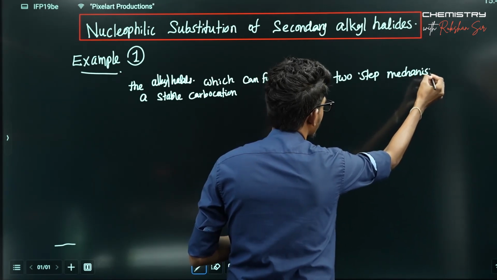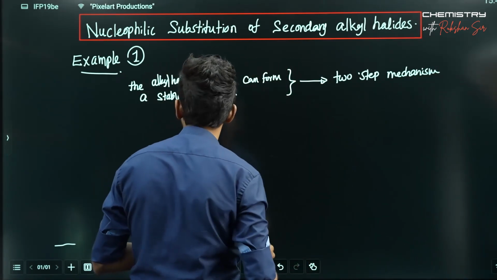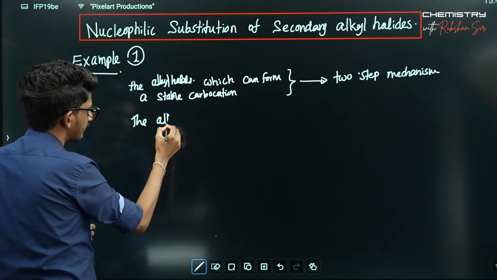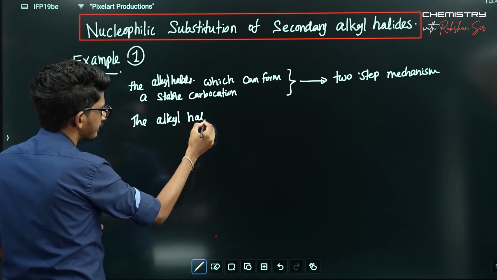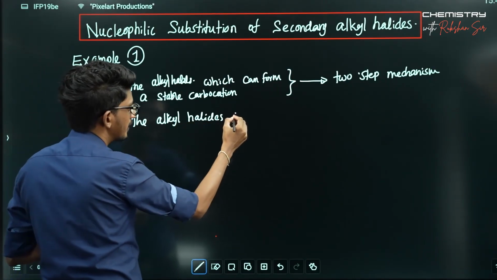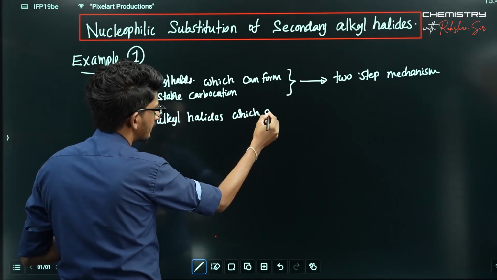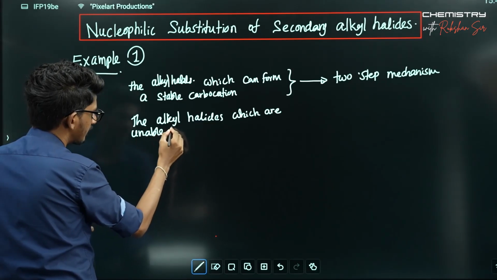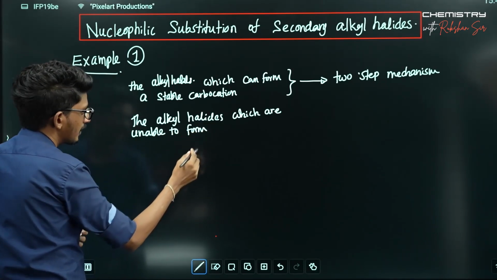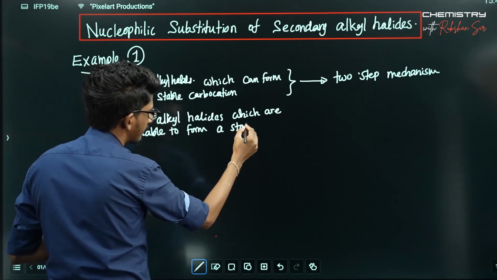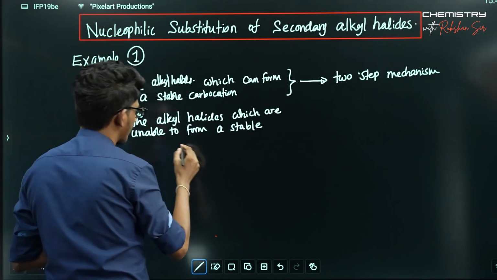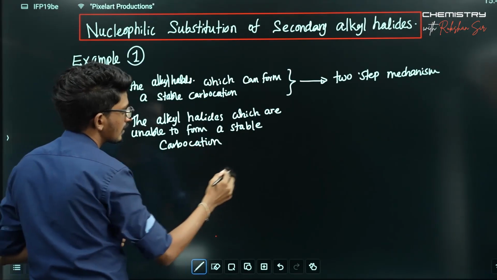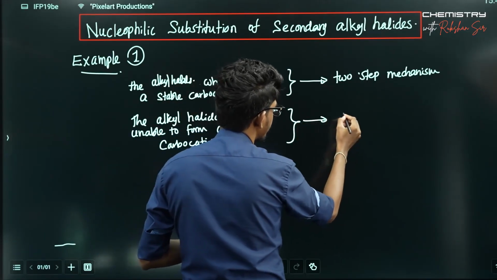That is what we learned last day, no? The carbocation mechanism. The alkyl halides which are unable to form a stable carbocation prefer the one-step mechanism.